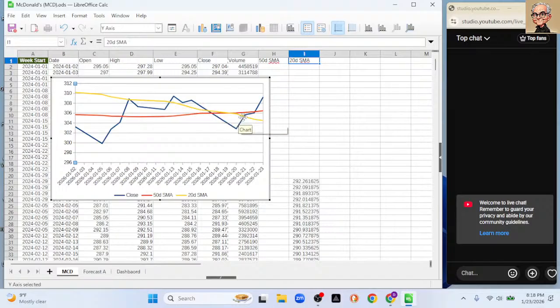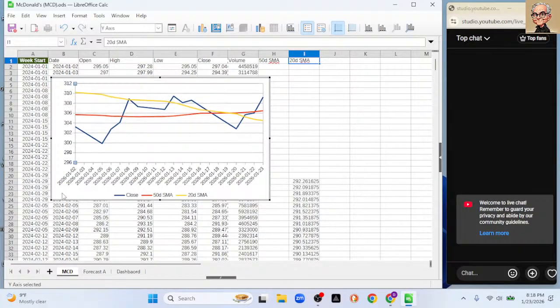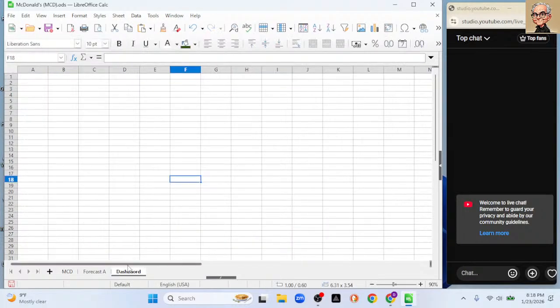We're looking for crossover events between the 21 to 50. Now, of course, it doesn't make any sense. How come we're not seeing a crossover event back up here? Are we going to see a reversal up here or something like that? That's kind of interesting. So let's move this over to our dashboard.